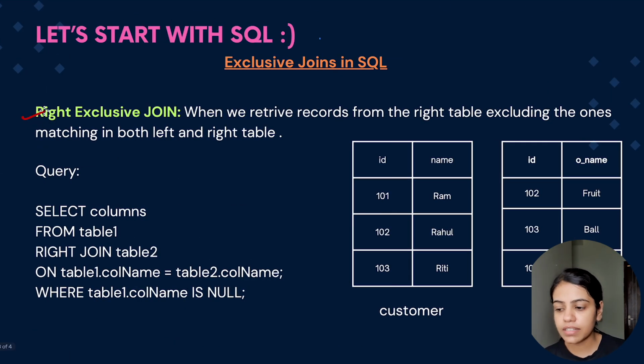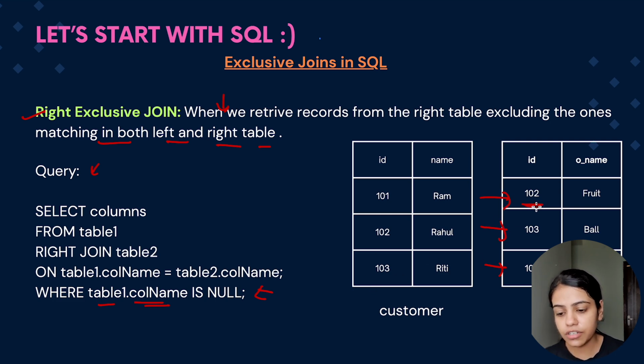Now the second one is the right exclusive join. Here we retrieve records from the right table, excluding the ones matching in both the left and the right table. The query for the right exclusive join remains the same as the right join. It's just that we will again put a where condition, and this time it will be table1.column name is null, because in right join we print all the details present in the right table and the matching ones from the left table.